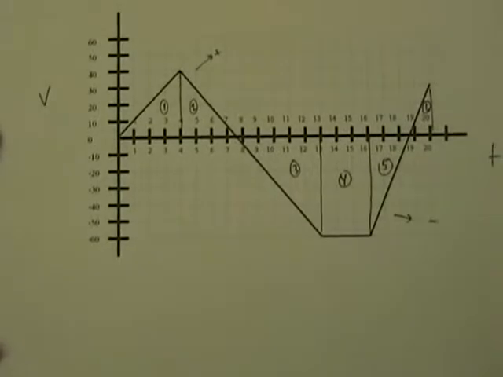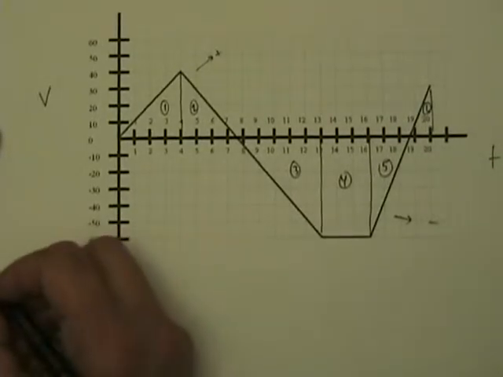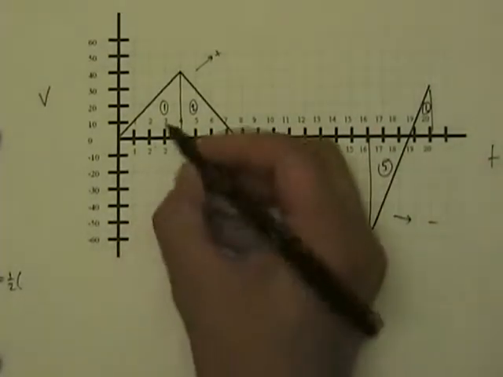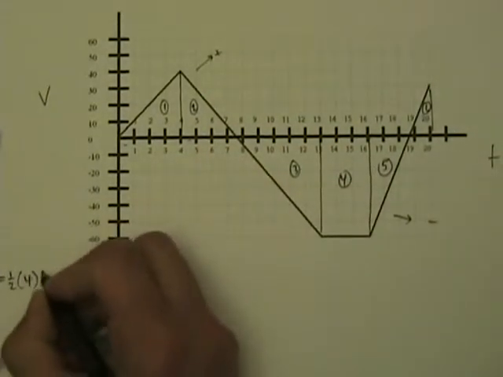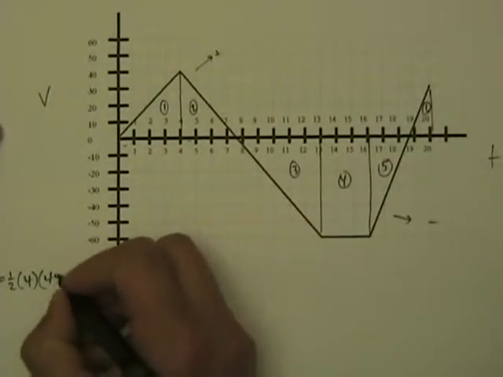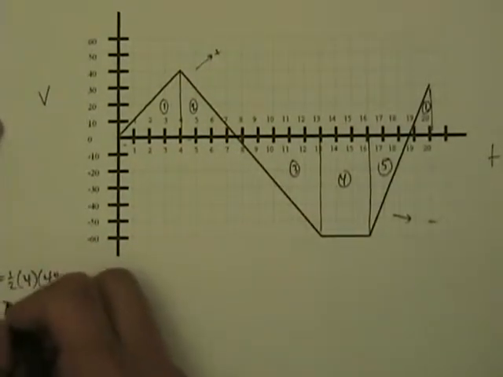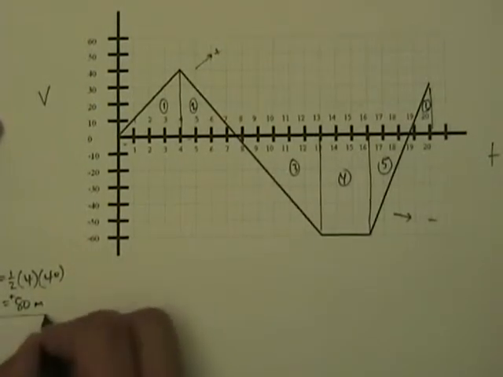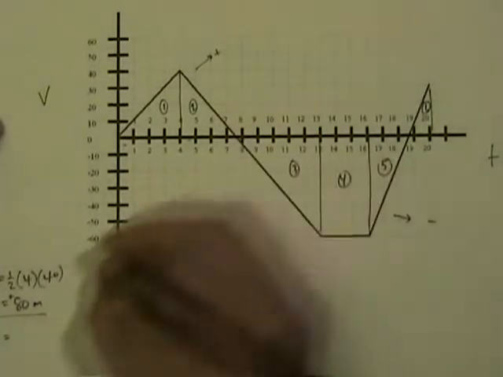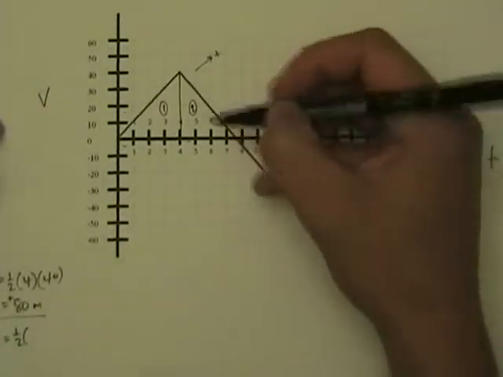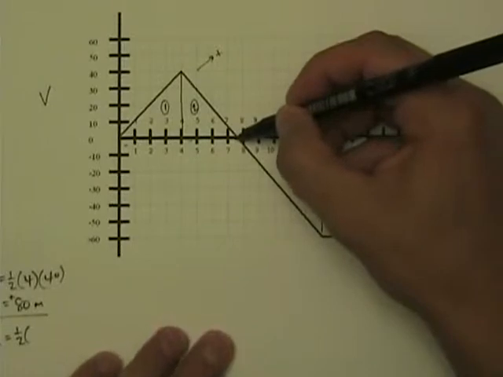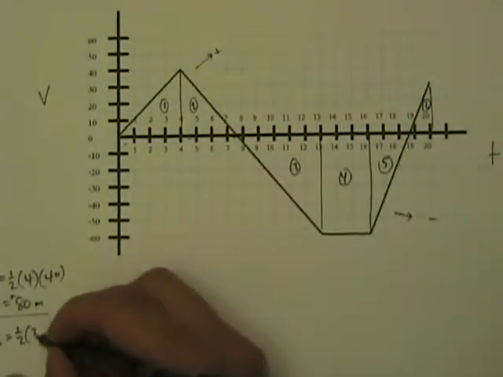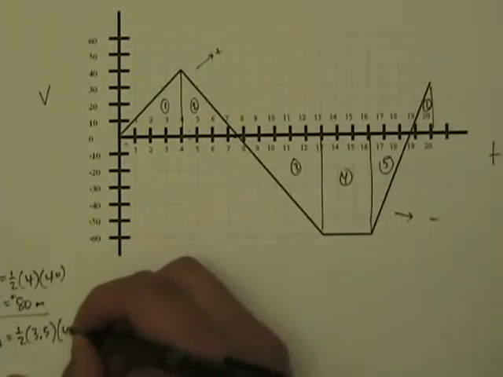So let's see here. For area 1, it's a triangle. So it's 1/2 of your base, 4, times your height, 40, which is going to be 40 times 2, so that's going to be positive 80 meters. Area 2 is also a triangle, 1/2 of your base. Now this is that one that's kind of halfway through. I called it 7.5, so I'm going to go 1, 2, 3. So that's base is 3.5, height still 40.